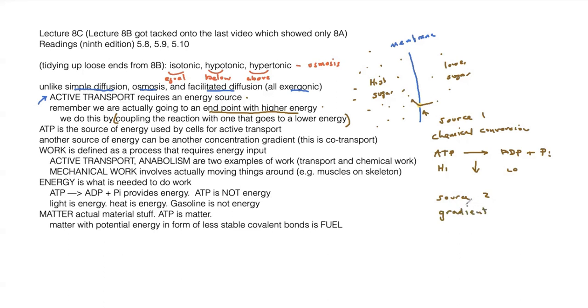We actually talked about this in the previous video, where we said that a concentration gradient, where you have high concentration on one side, low concentration on the other side, right? This is actually stored energy, and when we move molecules from the left to the right, that's actually going to be an exergonic reaction. That's energy released.